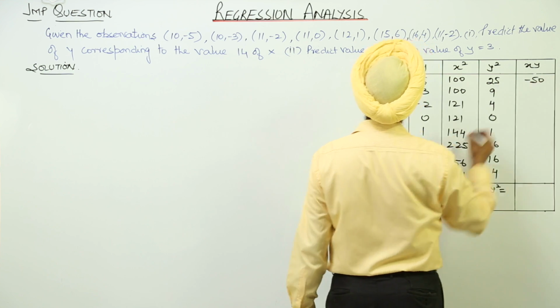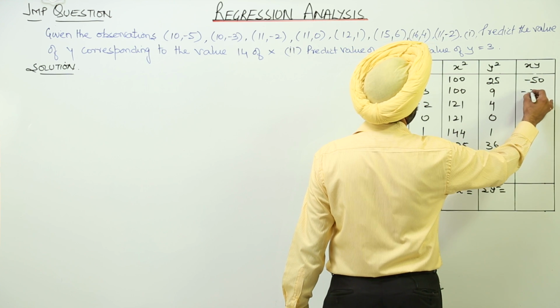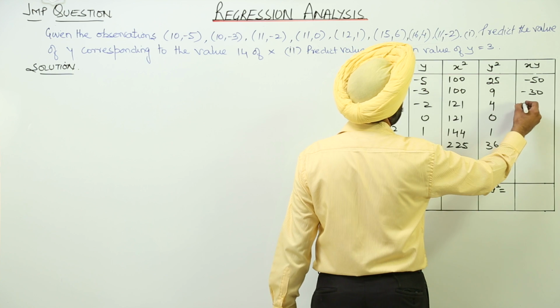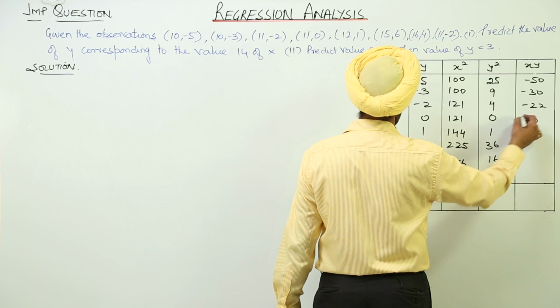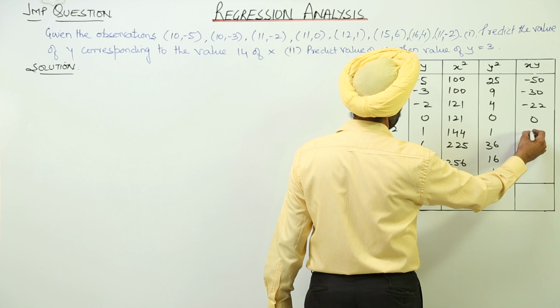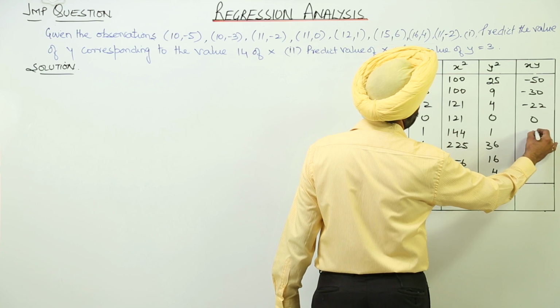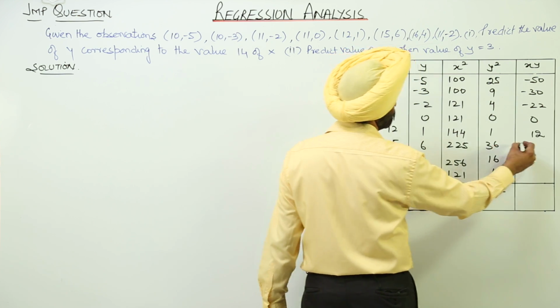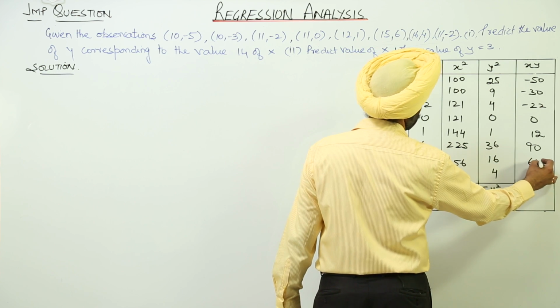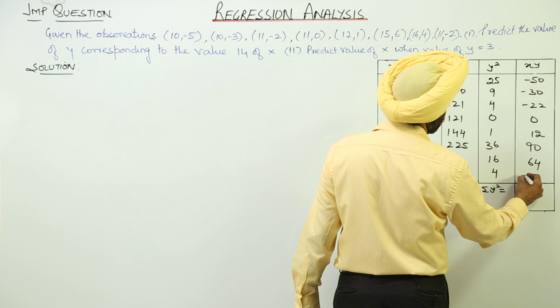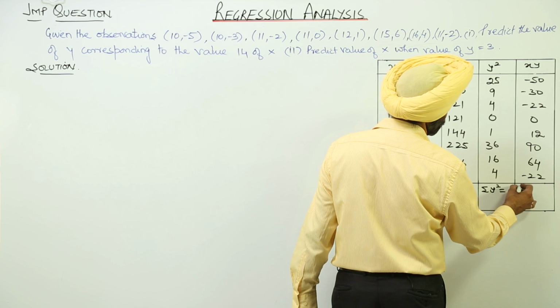Negative 50, negative 30, negative 22, then 0, 12, 15, 6, 90, 16 times 4, 64 and 11 times negative 2, negative 22.